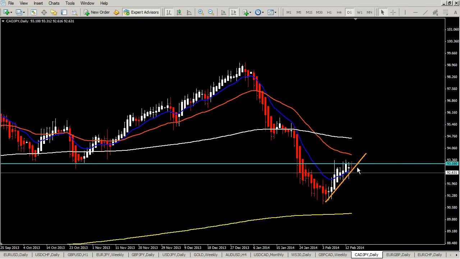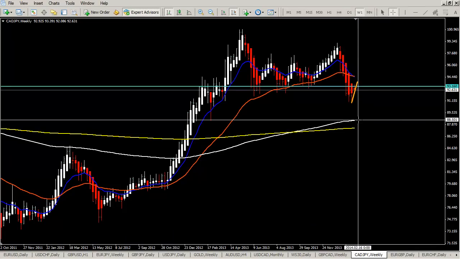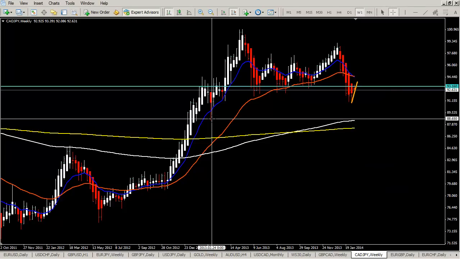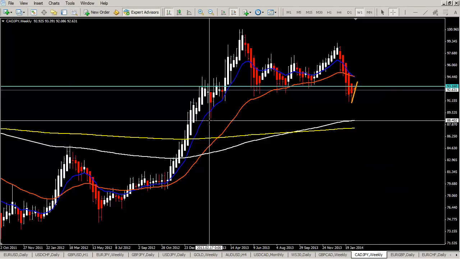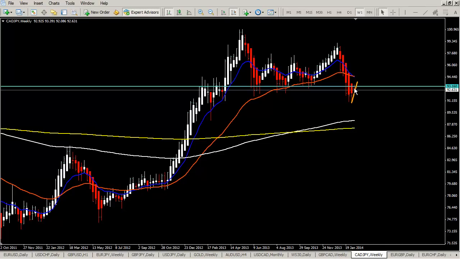You can look for lower time frame entries like 4-hourly, 1-hourly, 5-minute combinations, for instance, and target the 633 for now. And on the weekly chart, the 200 EMA. So in other words, you have a target of about 400 pips. It will also reach the lows from February last year. Okay, so good luck.